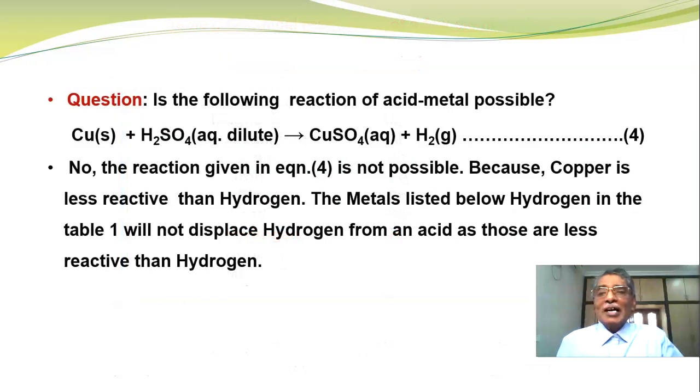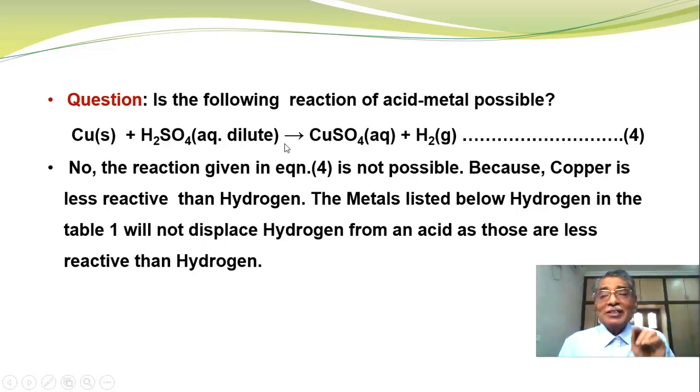Now, I am asking another question. Is the following reaction of acid and metal possible? Cu(s) + H2SO4(dil) → CuSO4(aq) + H2(g). Is this reaction possible?